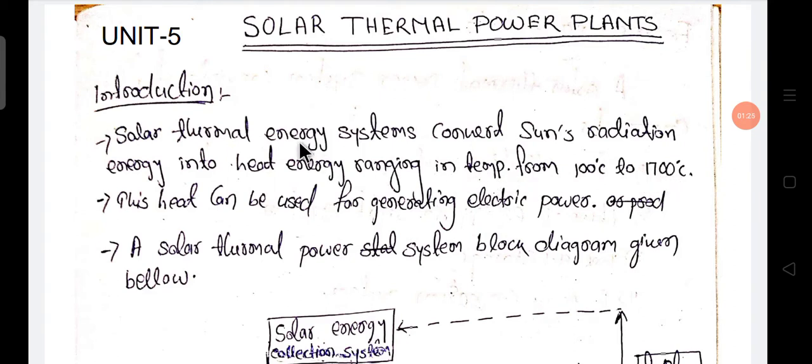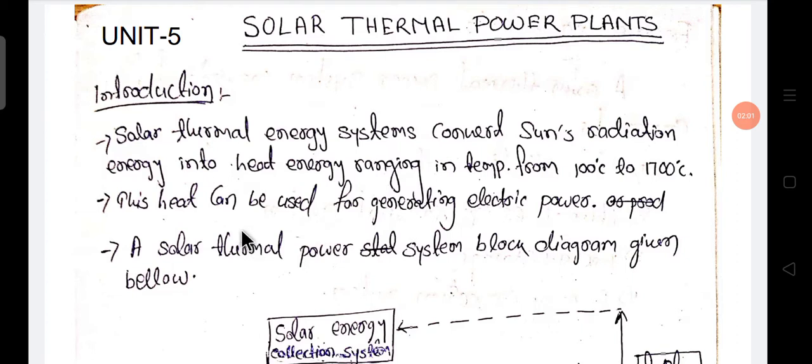That means this solar thermal power system converts sun radiation energy, the energy the sun radiation has, into heat energy, and the temperature of that heat energy ranges from 100 degrees Celsius to 1700 degrees Celsius.